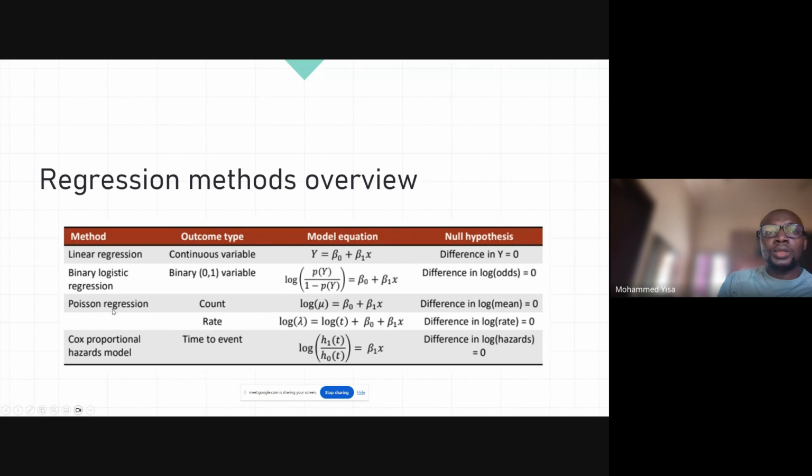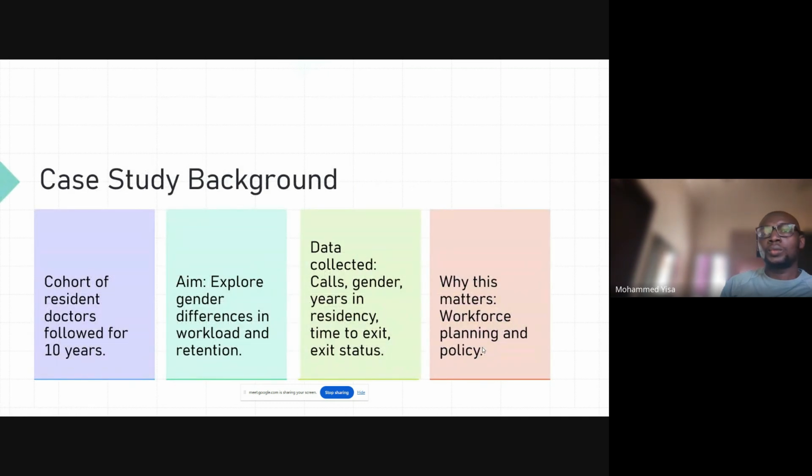Now we're going to be doing Poisson regression for count and rate, and the null hypothesis is the difference in the log of the mean and the log of the rate. This would become clearer in the coming slides. And for the Cox proportional hazards model, on your left-hand side, you would have the log of the hazards. Again, as we go ahead, we'll be able to understand what's really going on.